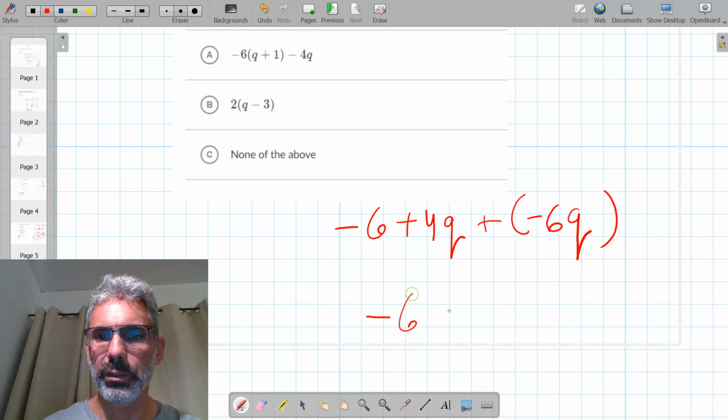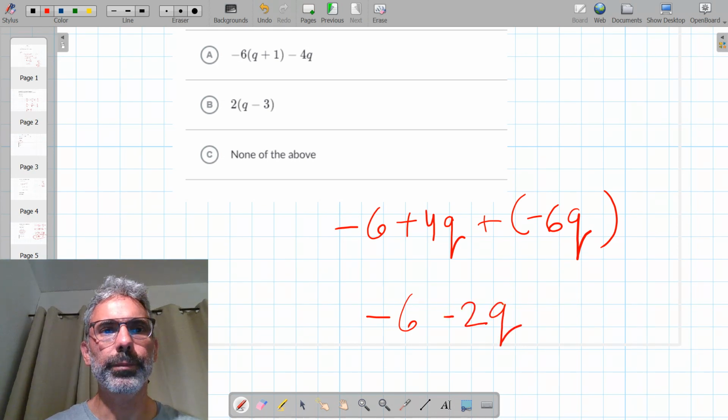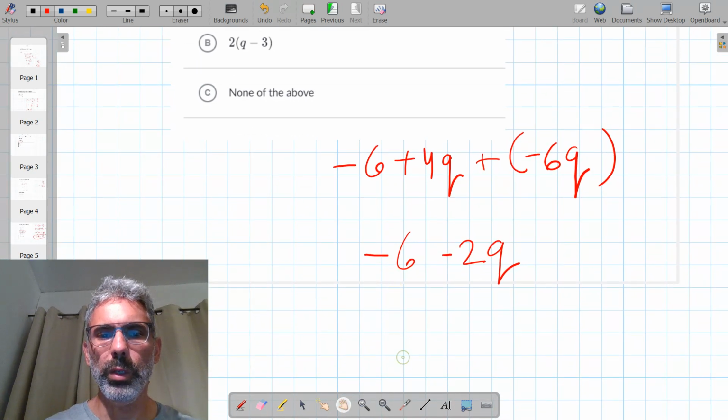So we have minus 6 minus 2q. Okay, and we can rewrite this by factoring out the 2.